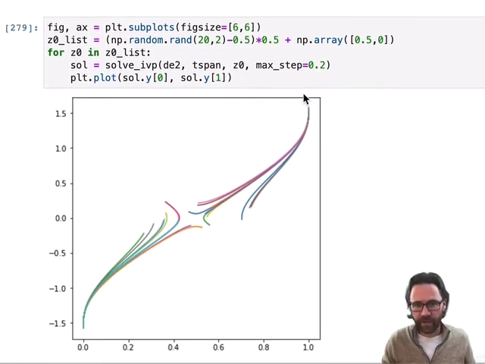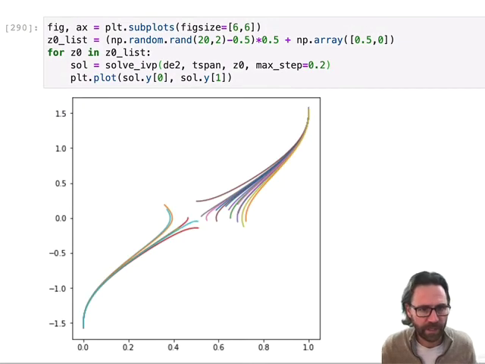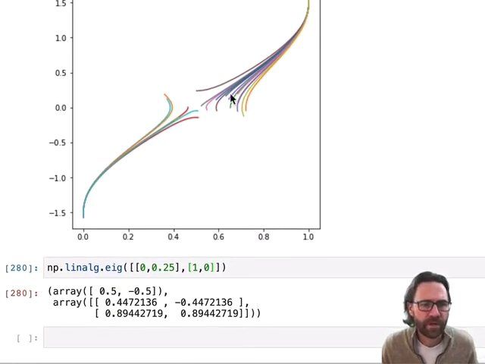Contrast that to the other equilibrium, which we determined was unstable. So you can already see what the plot looks like, but I'll rerun it. So starting from all these sort of random positions around here, you see they start to come in, they kind of converge in this direction, sort of this diagonal along here. They do come in, like this one's coming in here, but then they all leave along this direction.